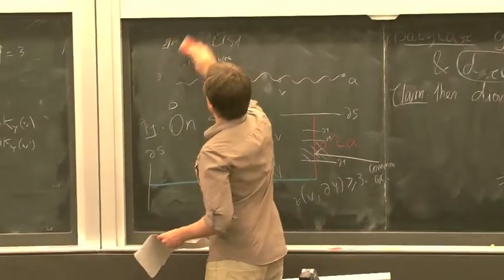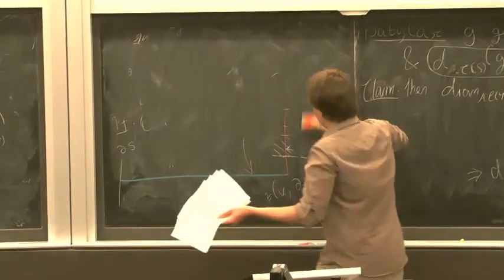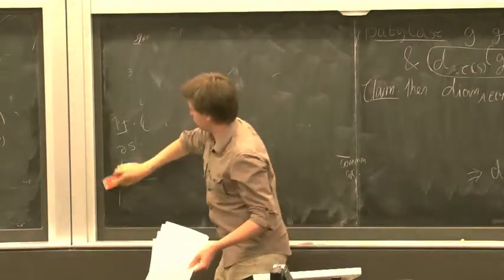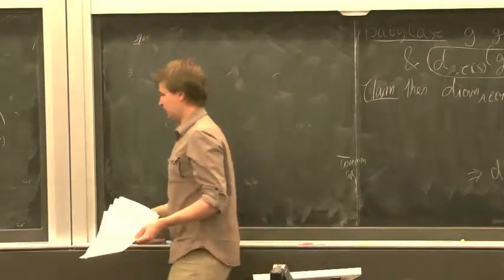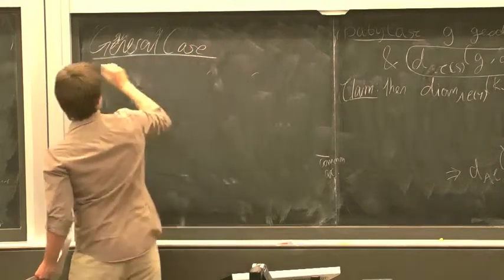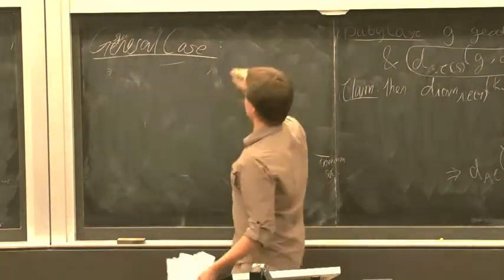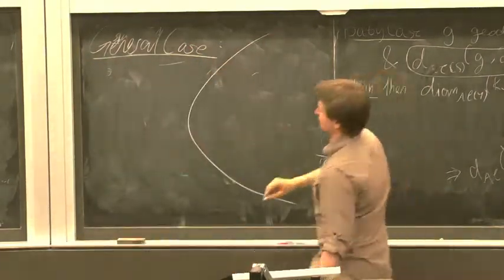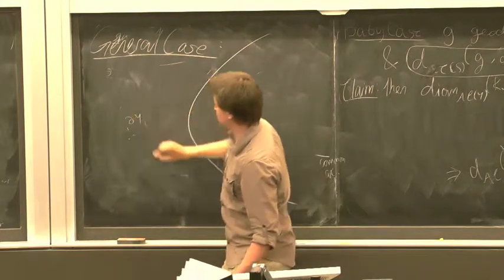Okay, and now we're actually done for the theorem, because G is a geodesic. So, the general case, quickly: you have some geodesic G, and the boundary Y here.